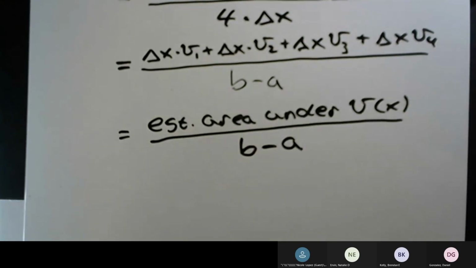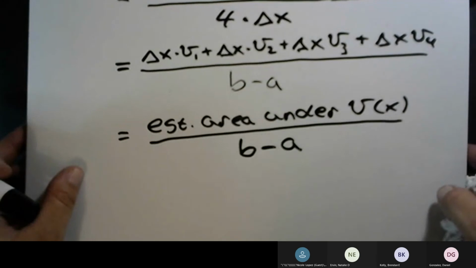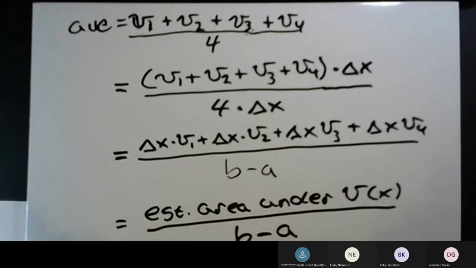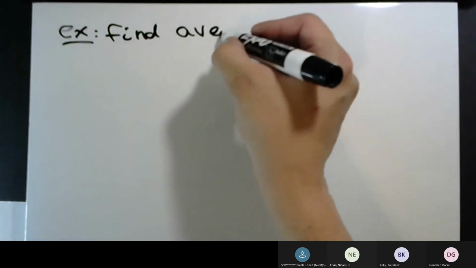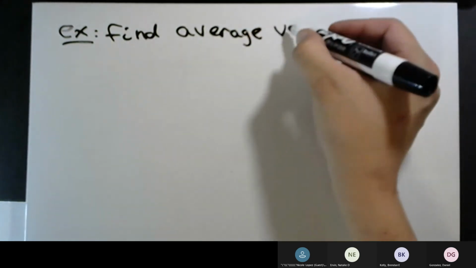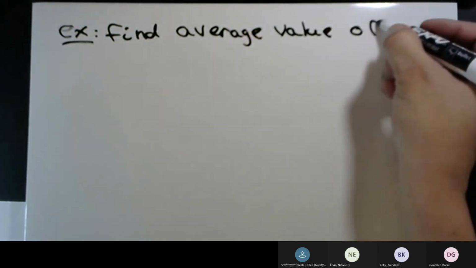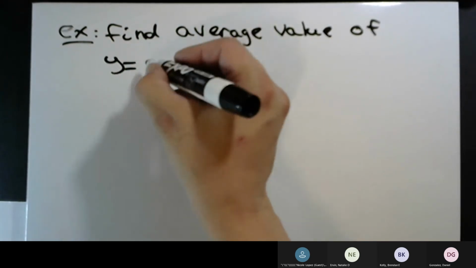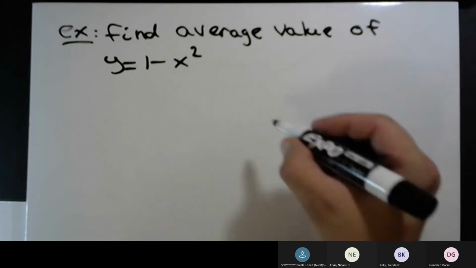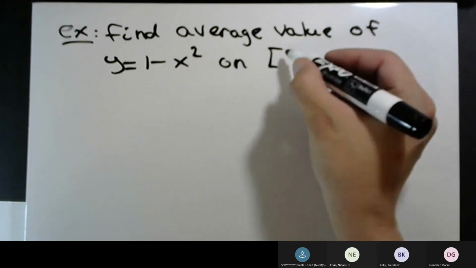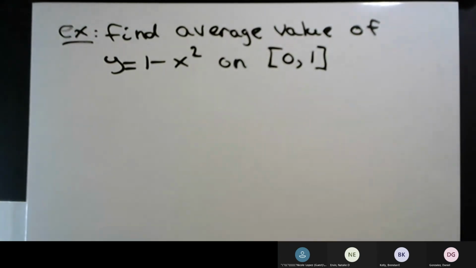So let me do an example. Find the average value of y equals 1 minus x squared on 0, comma 1.